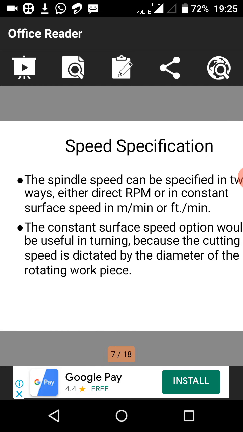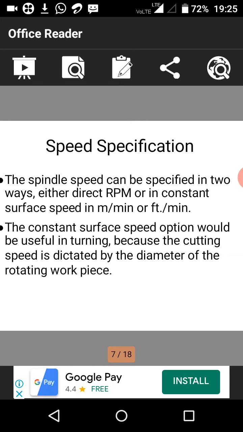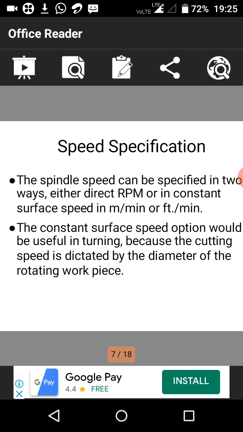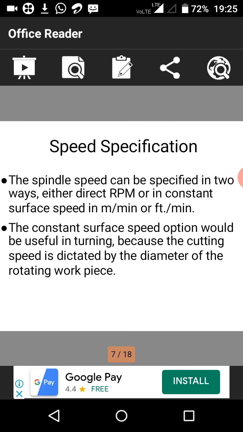Next, we see speed specification. What are the specifications of speed in computer aided part programming? The spindle speed can be specified in two ways, either directly in RPM or as constant surface speed in meters per minute.